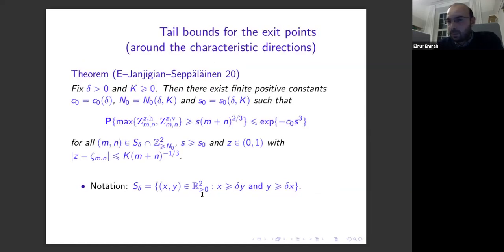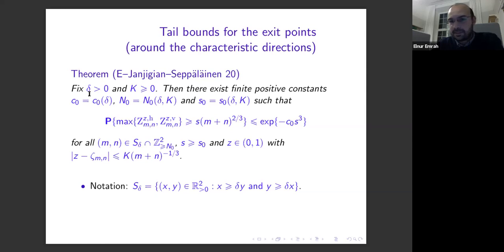Now, our main results in this talk are concerned with some fluctuation bounds for the exit points. So I'll look at two regimes separately. The first result concerns the regime when we are around the characteristic direction. In that case, both of these are small.